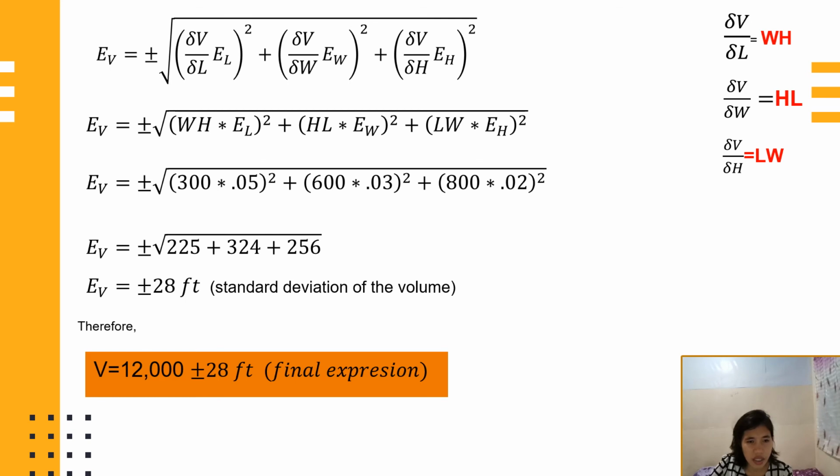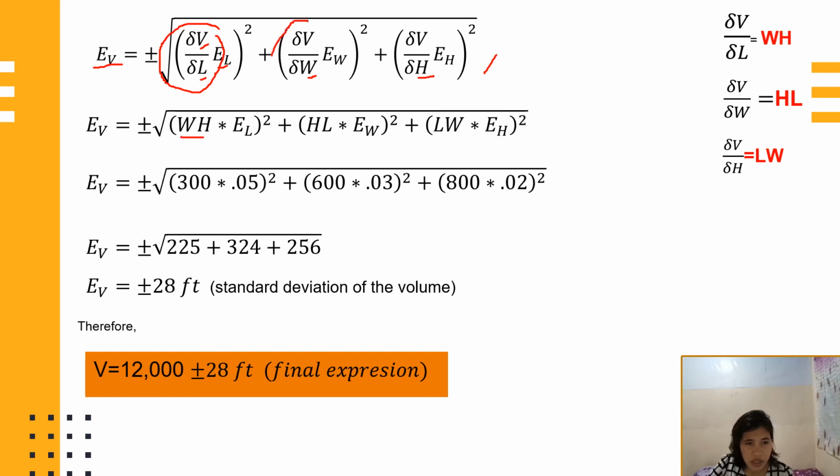So, this is now the main formula. So, EV plus minus our V with respect to L times EL, then the differentiation of V with respect to W and with respect to H. Again, we all know that the differential of V with respect to L is equivalent to WH.